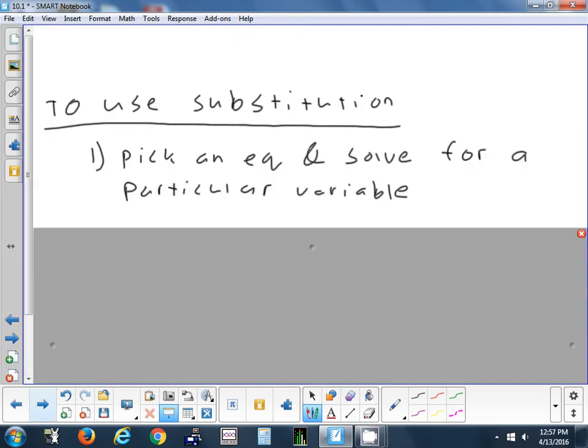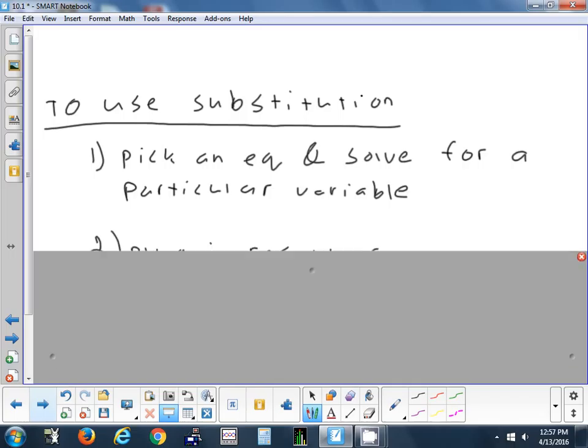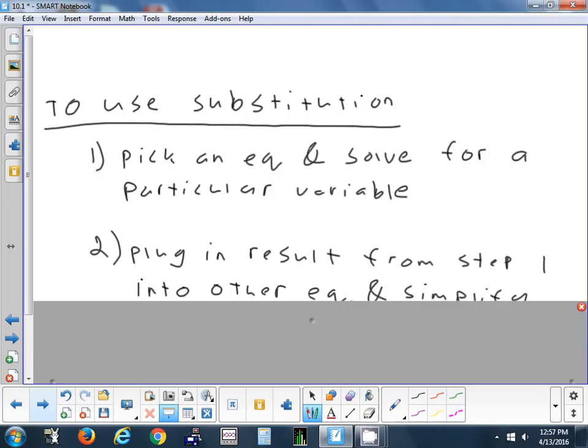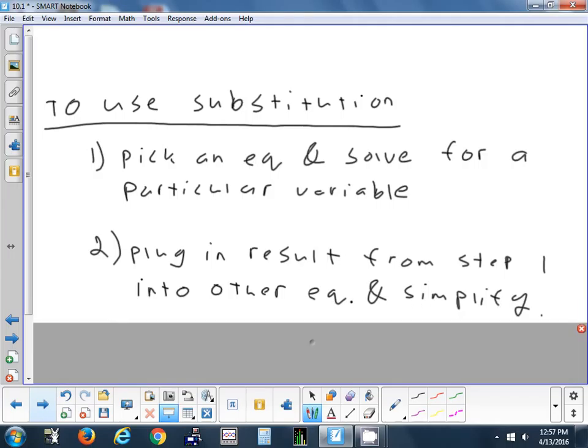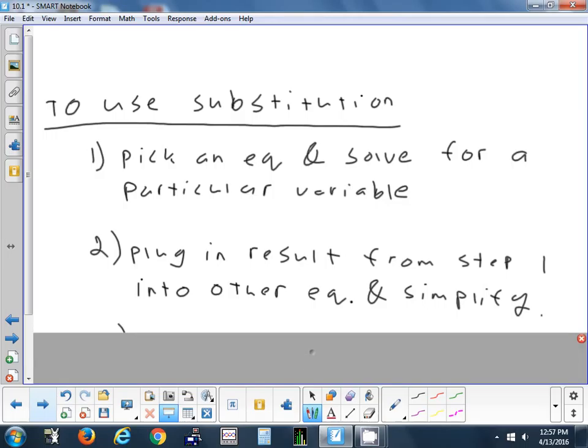Right, so the idea with substitution. You get two equations. Pick one of them and get a variable by itself. It doesn't matter which equation you pick. Doesn't matter which variable you pick. Pick one equation, get the variable by itself. Once you do that, you're going to plug that result into the other equation and simplify. I think substitution is more confusing to explain than it is to just do it.